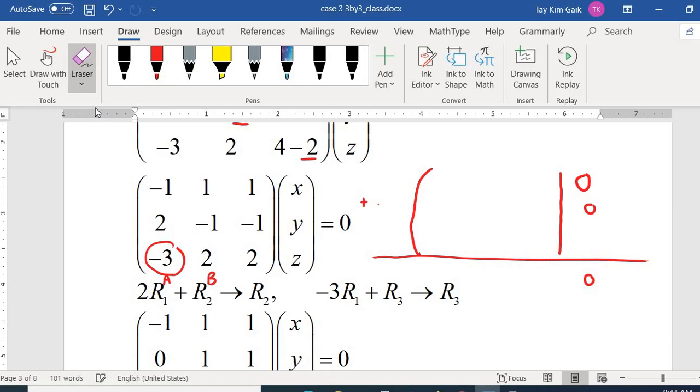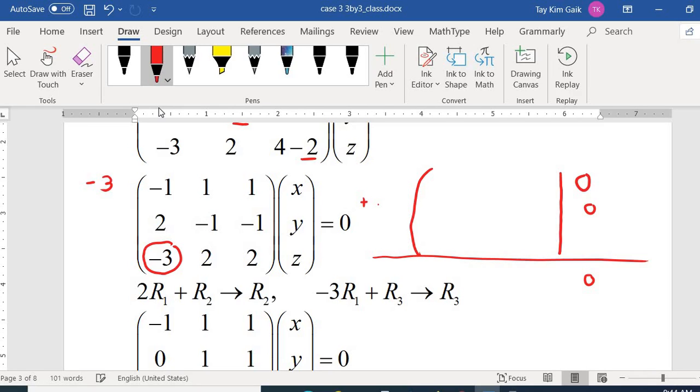We are going to make this cell become 0. So this is negative 3, and this is negative 1. So if I multiply by negative 3, negative 3 times negative 1, we got 3. If I add up 3 with negative 3, I will get 0. That's why the operation is negative 3 times row 1 plus row 3.